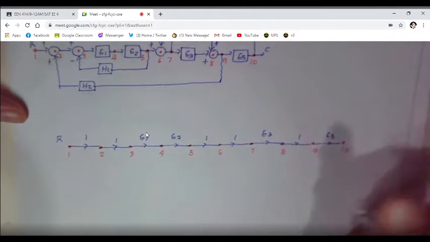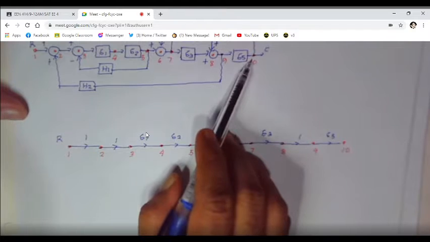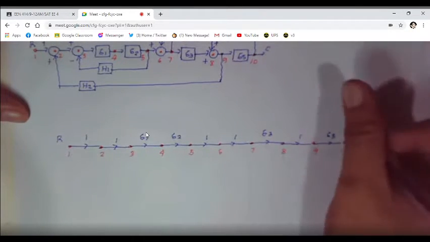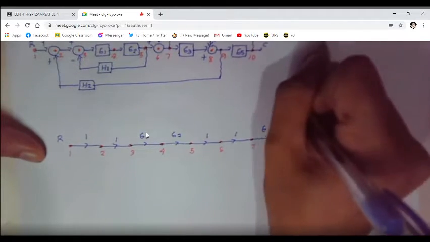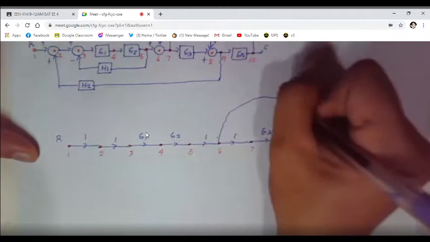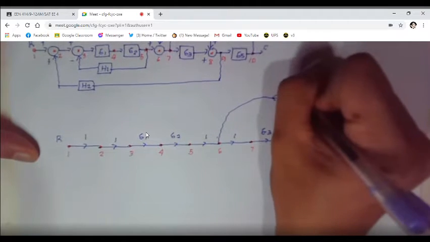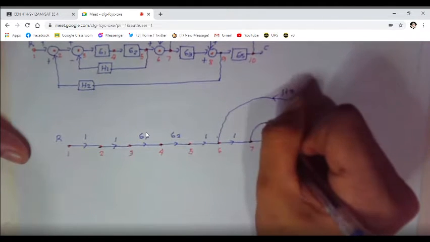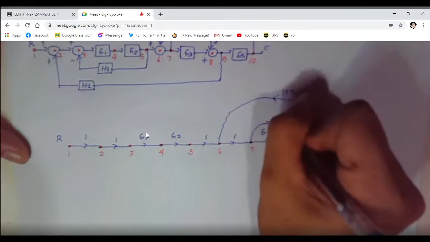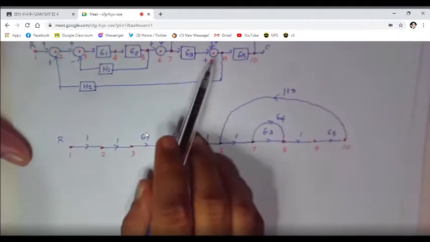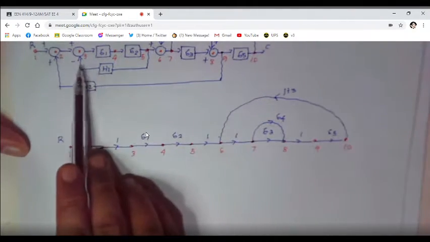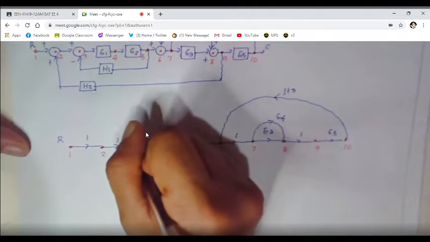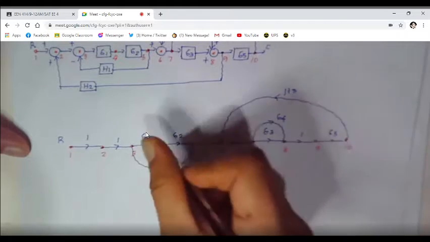Next, between 6 and 10, you have H3. Drawing lang natin. 6 and 10. So, pabalik, H. Between 7 and 8, pa-forward siya, G4. Ikita nyo naman yung arrow. Next, between 3 and 5, H1. So, pabalik.